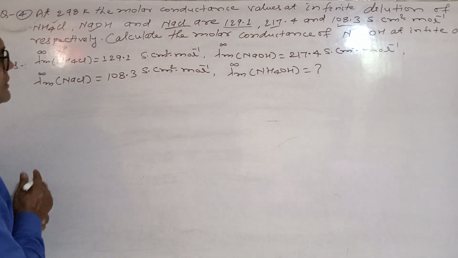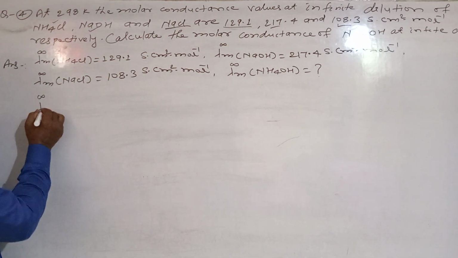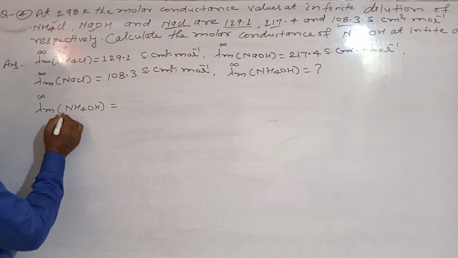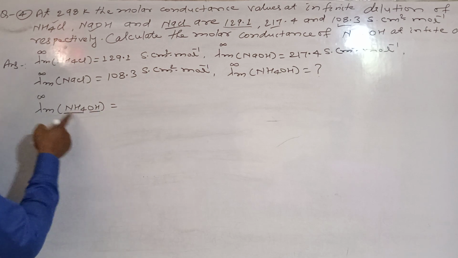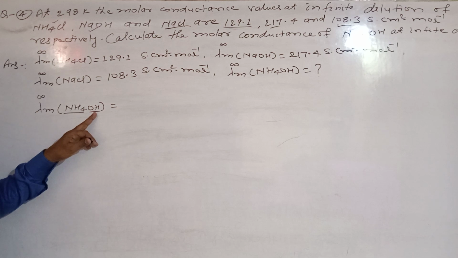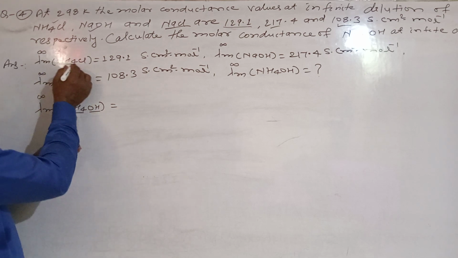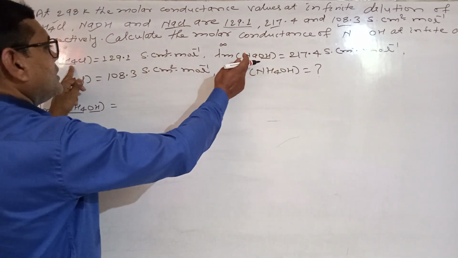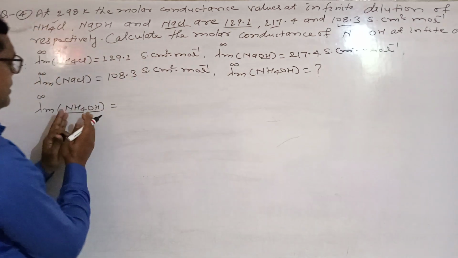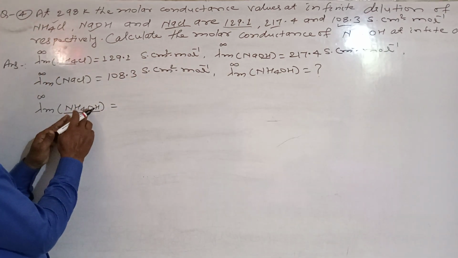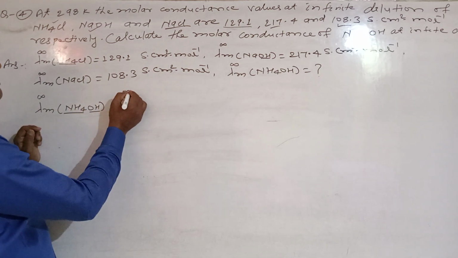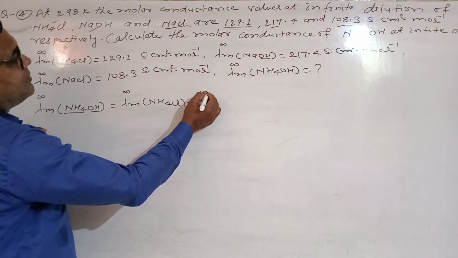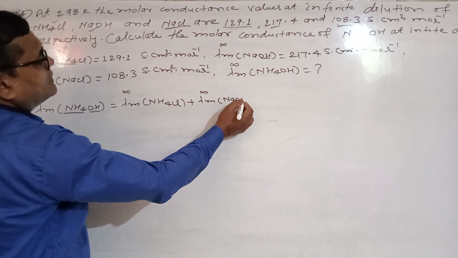Now we explain lambda infinity m of NH4OH. It is made by NH4 and OH. It is a positive radical and a negative radical. NH4 is present in NH4Cl and OH is present in NaOH. These electrolytes are added to get NH4OH. Here we write lambda infinity m of NH4Cl plus lambda infinity m of NaOH.